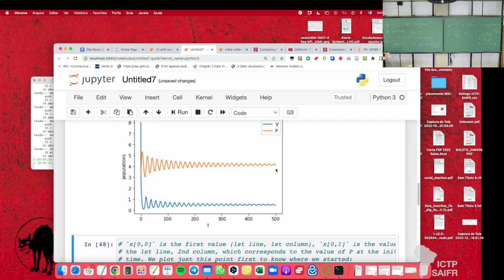Maybe it's a long number, for k, such that if k is bigger than this value, then you have oscillations, and if it's smaller, you'd have fixed points. So you have fixed points and you have oscillations. Okay? The qualitative behavior depends on a threshold value for the carrying capacity. Super good. Now we have both of them in the same model.